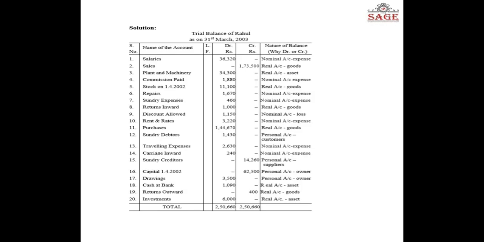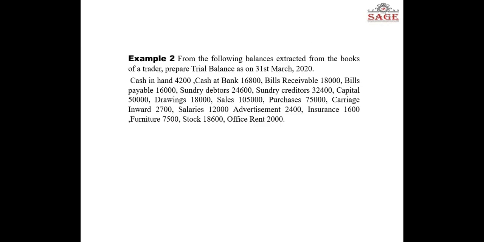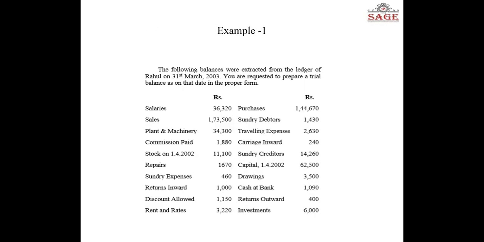Now you can see this is the trial balance. First you write the name of the company or the book of the owner. Here you are preparing the trial balance for Rahul, and you write the date, 31st March 2003.